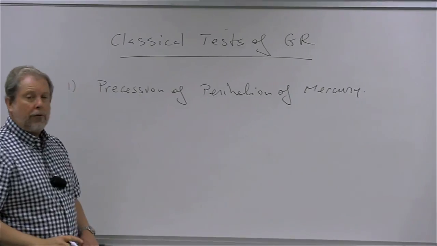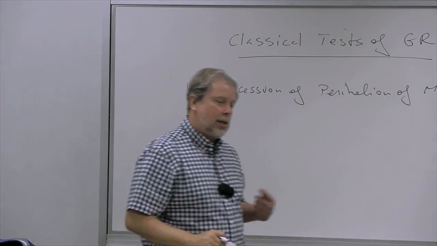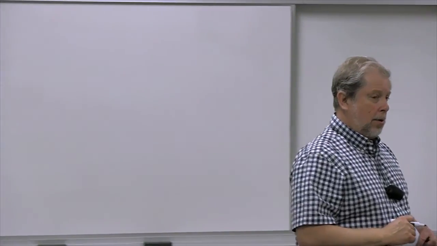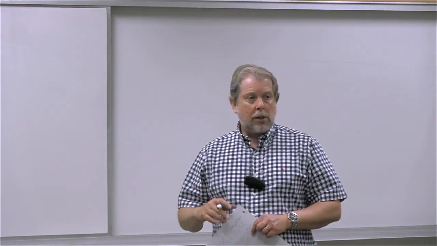Because it had been known for a long time that there were anomalies in the motion of Mercury. In other words, the perihelion of Mercury was known to precess, and some of that was due to perturbations from Venus and other planets, right? And when all of that was accounted for, there seemed to be a discrepancy.